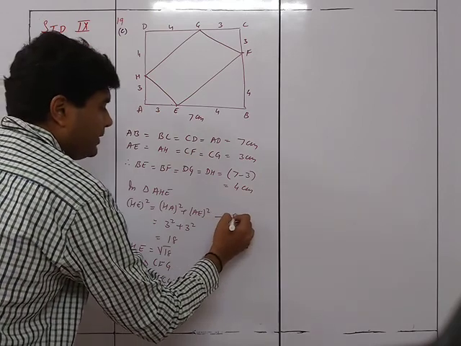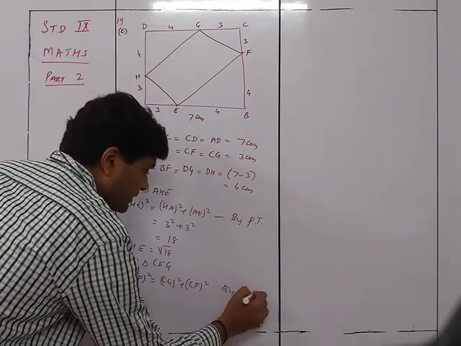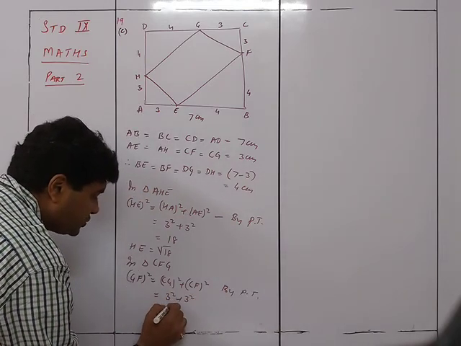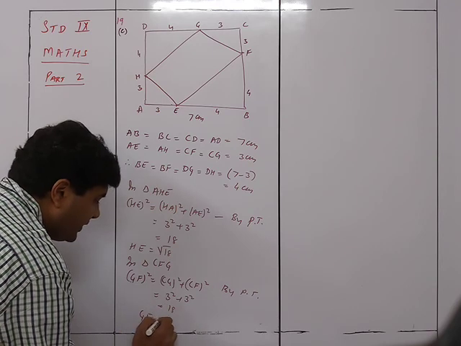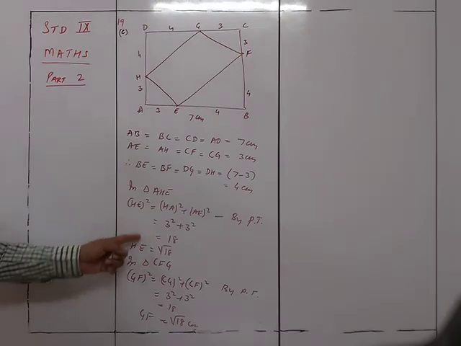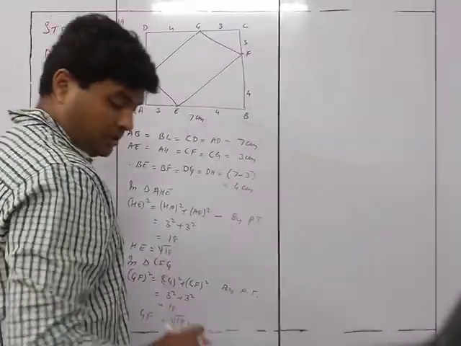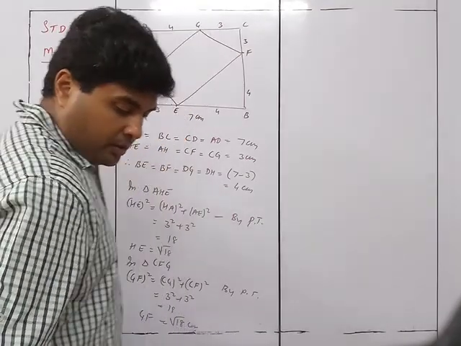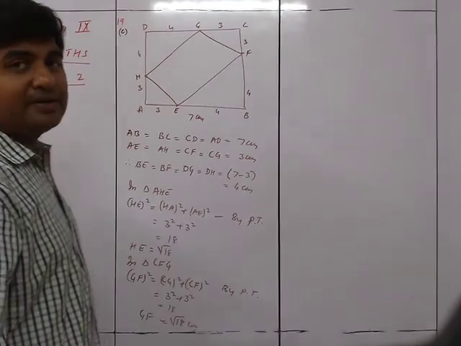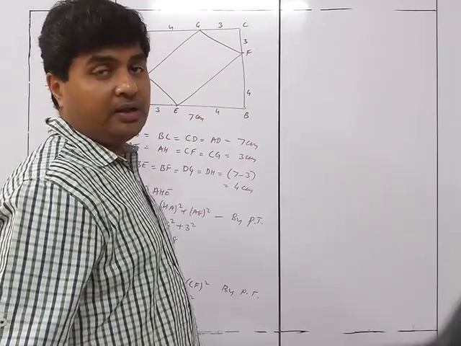This is also by Pythagoras theorem. So this is going to be 3 square plus 3 square, equal to 18. So GF is equal to root 18 centimeters. So opposite sides are equal. We need the other two opposite sides also. Now, we need to prove it is a rectangle. If I just prove the opposite sides to be equal, it is just going to give me that it is a parallelogram. It will not give me that it is a rectangle.